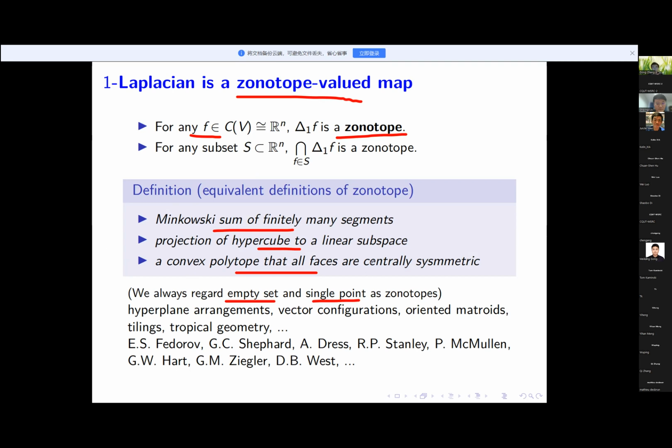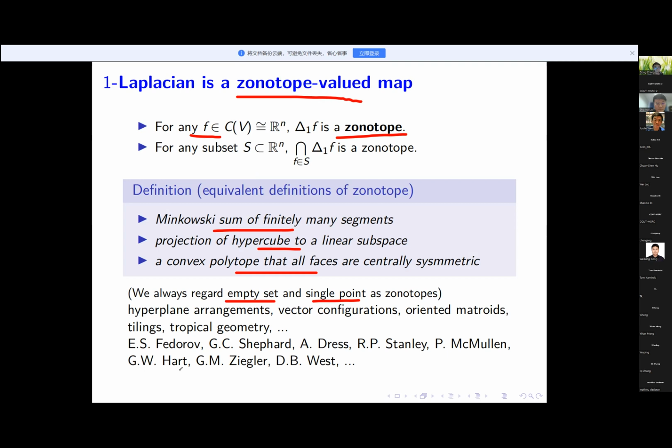And very interestingly, such a simple object has many relations to, for example, hyperplane arrangements, vector configurations, oriented matroids, tilings, and tropical geometry. And many mathematicians have made contributions around this topic.